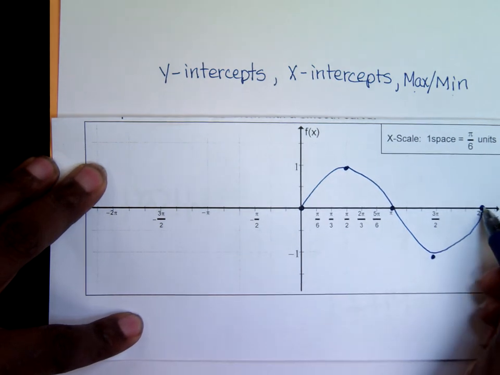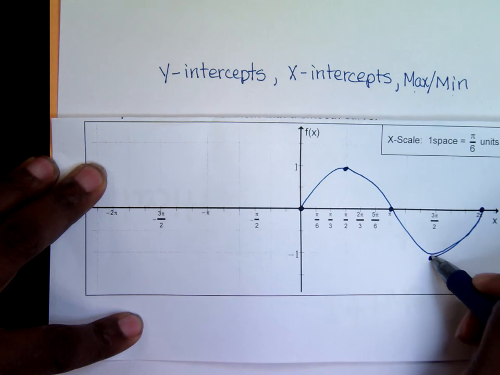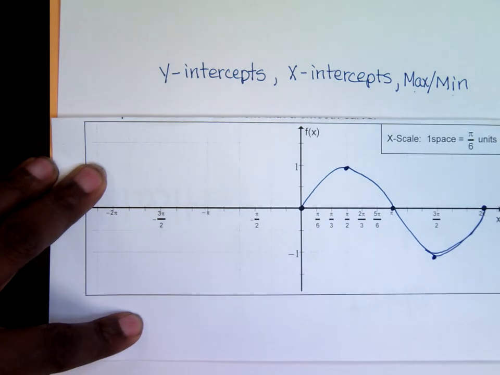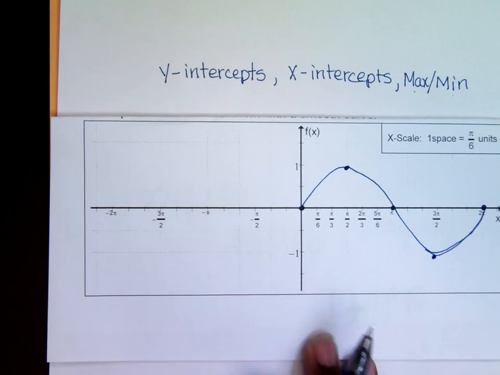Whoa, I missed one dot. This will give you the parent function of the y equals sine of x curve. So that is one full period.